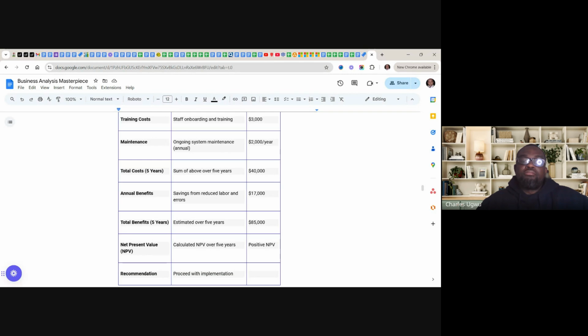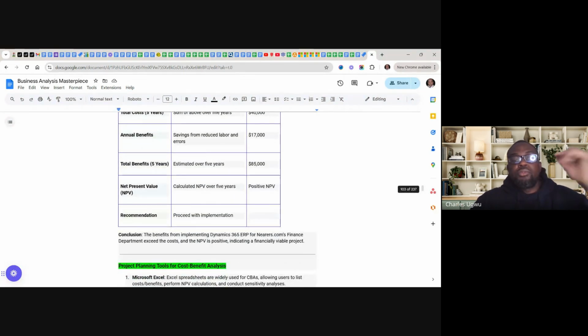It's always good to look at the benefits for like 5 years and above. If you are looking for immediate benefits, it might be difficult.